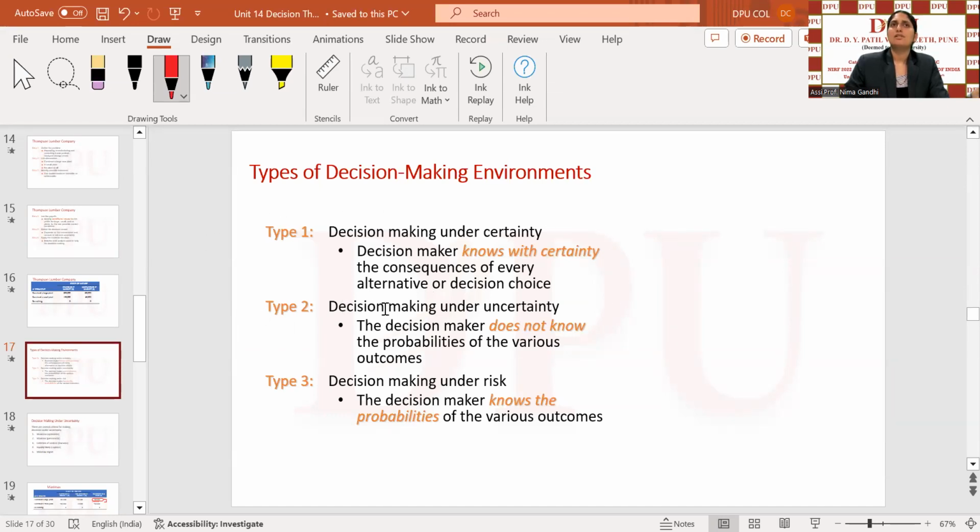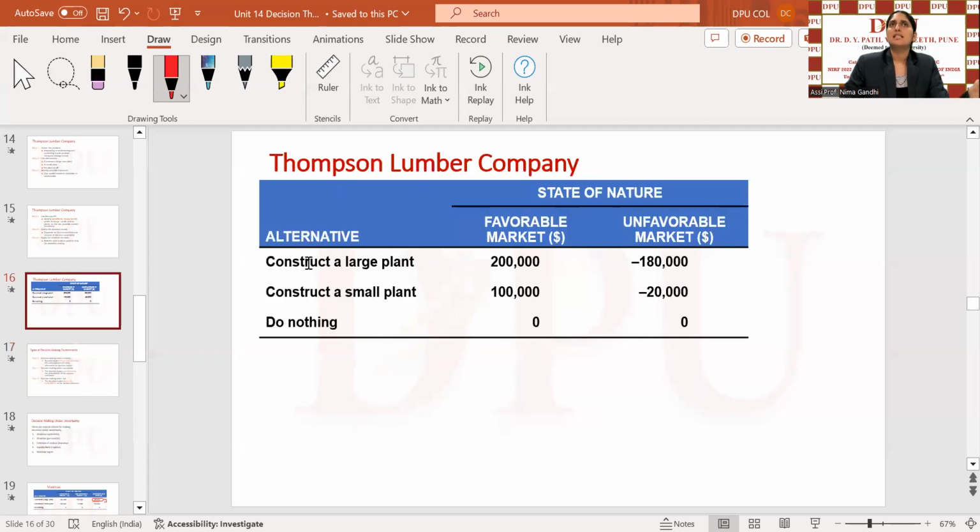Type 2 is decision making under uncertainty. Here, in this payoff matrix, you're not certain whether the market remains favorable or unfavorable. And also, you don't know the probability or chance that the market remains favorable or unfavorable.